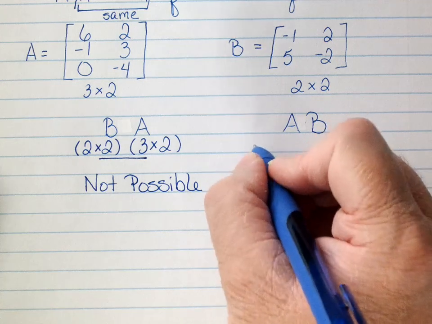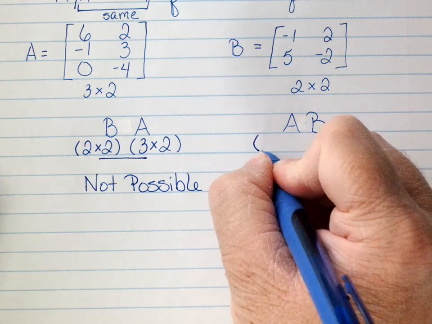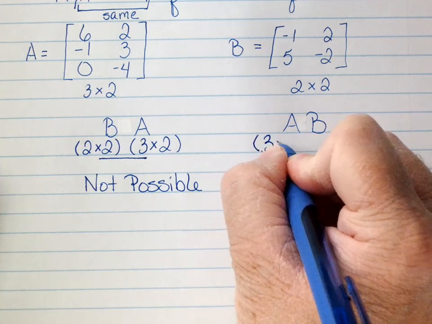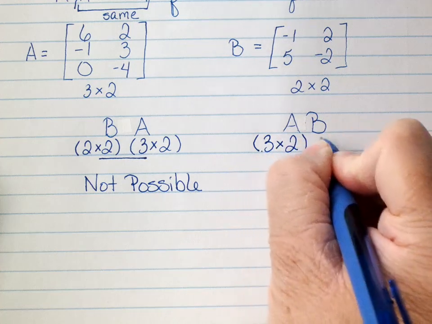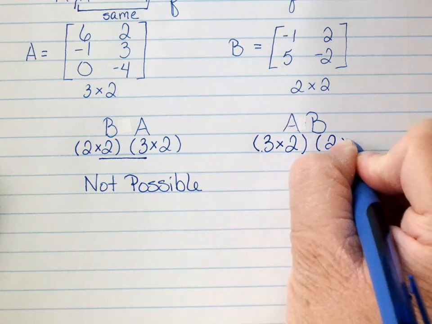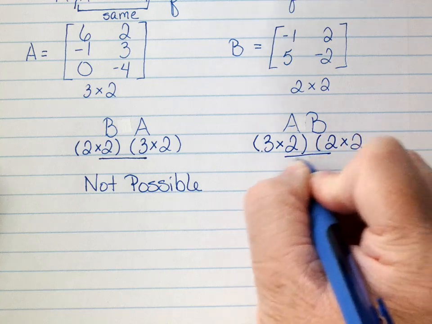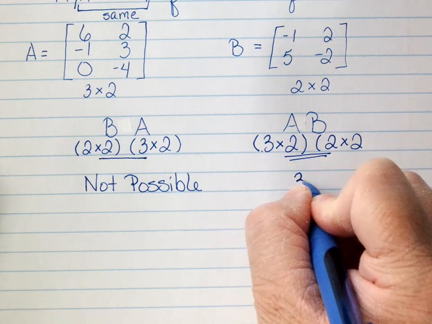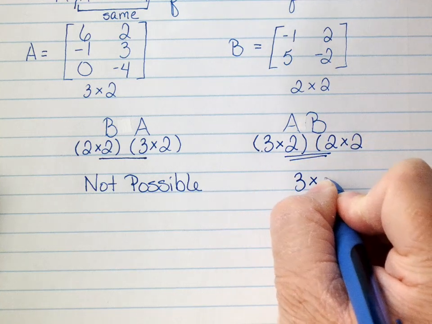However, if I look at matrix A times matrix B, matrix A is a 3 by 2. Matrix B is a 2 by 2. This is possible, and the resulting matrix is going to be a 3 by 2.